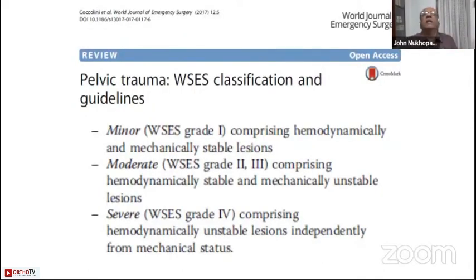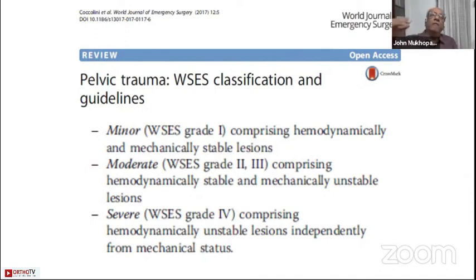Now, more recently, this is a paper in 2017 which talked about the WSES classification, which is the World Society for Emergency Surgery. And they felt that more than just the mechanism and the pattern of the fracture, it was the overall injury of the patient in terms of the severity. So they looked at the injury severity score as well to try and figure out which patients needed emergency resuscitation. And so they divided them into 3 groups.